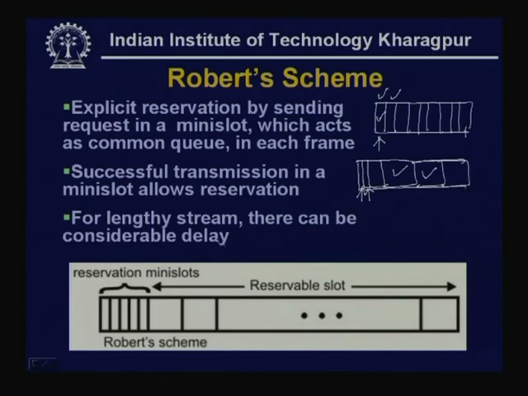Now, if a particular message is divided into a large number of packets, it can suffer long delay, because to send this packet explicit reservation will be necessary, to send the next packet another explicit reservation will be necessary. In this way for each of these packets there will be need for explicit reservation, which will lead to considerable delay. So, this is the disadvantage of this Roberts scheme.